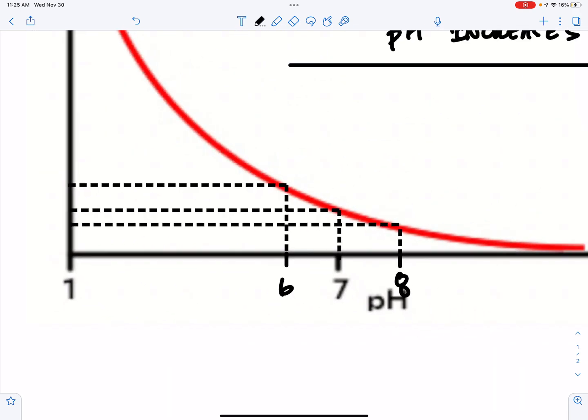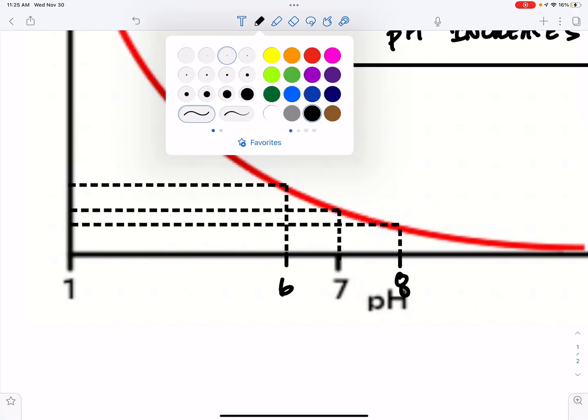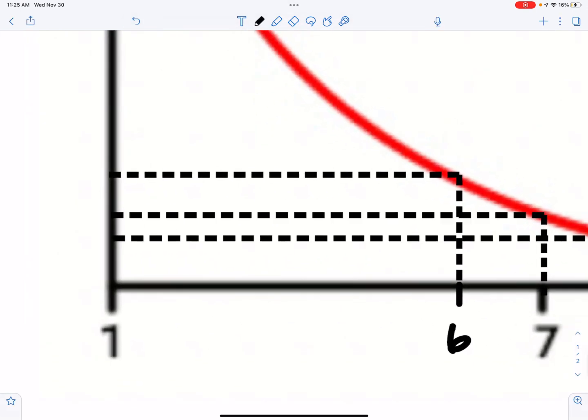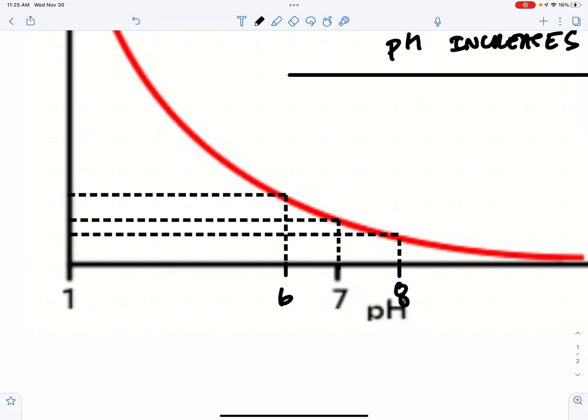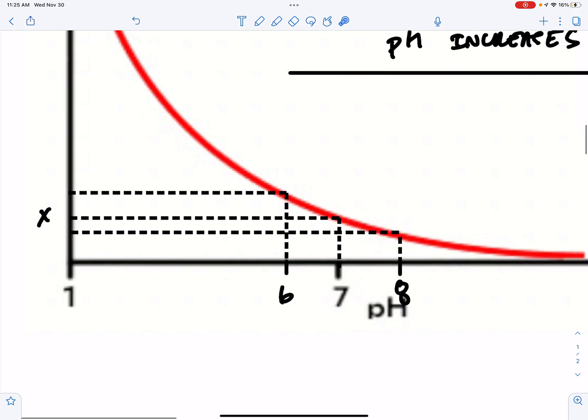And then we were to zoom in and actually write a scale on our y-axis here. Let's just say at pH of 7, our concentration of H plus ions is equal to X. If we were to then jump down to a pH of 6, we would see that the concentration of hydrogen ions relative to a pH of 7 is 10x. So every time you move 1 point on the pH scale, you actually move a factor of 10 in terms of the concentration.